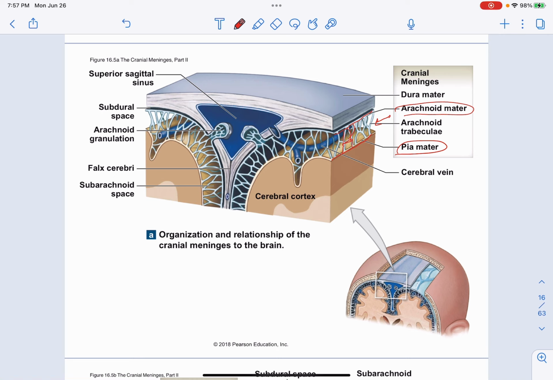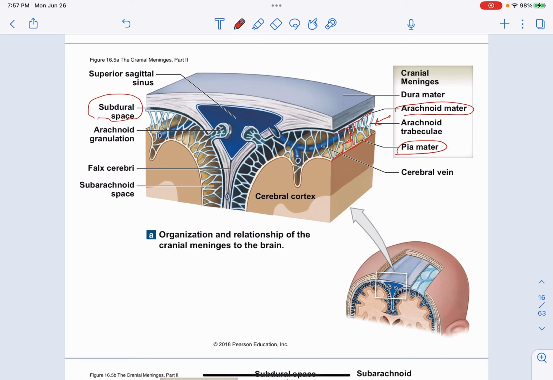There is one more feature that I want to show you on this particular picture, and that is something called the subdural space. The subdural space is actually considered a potential space or a virtual space. It's generally not there.